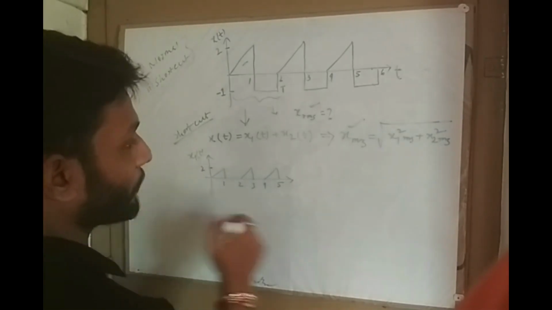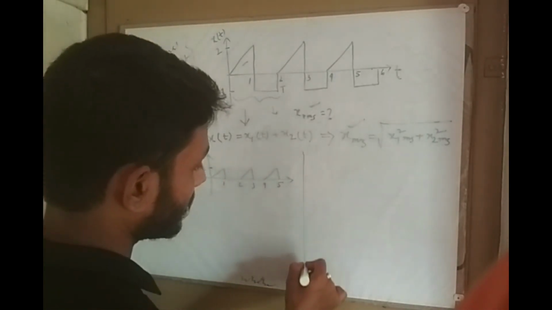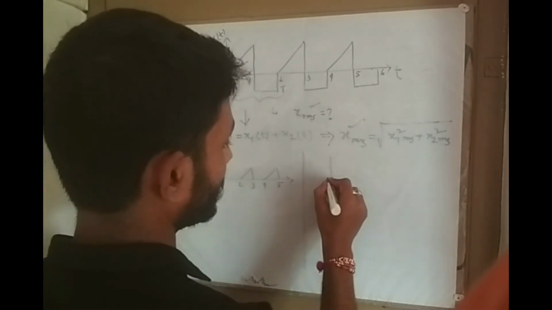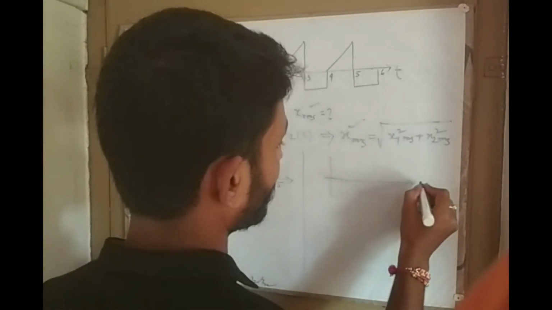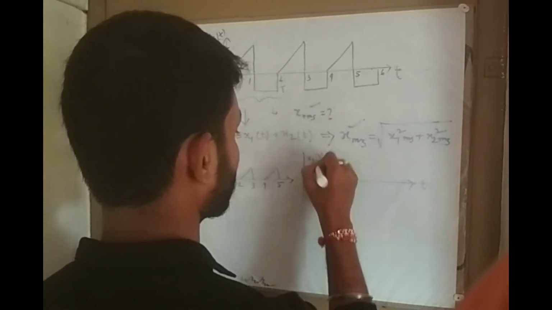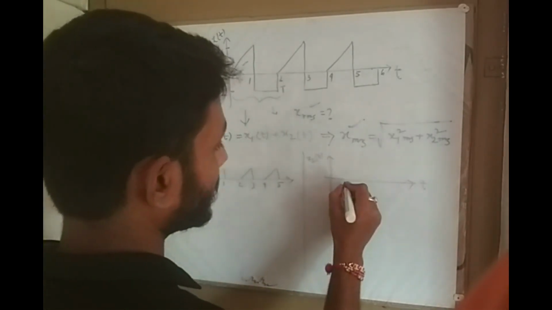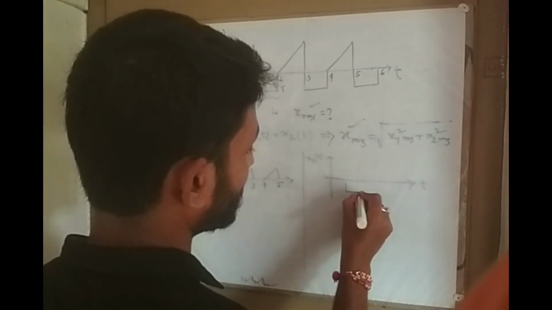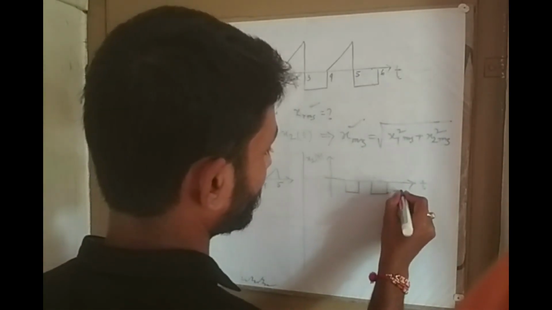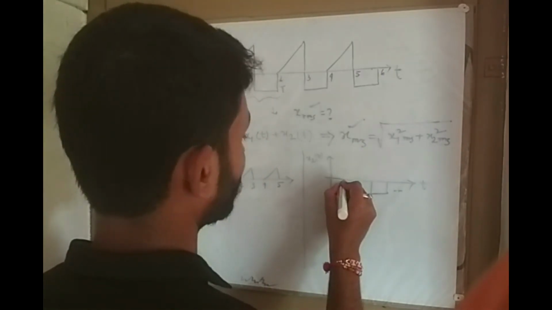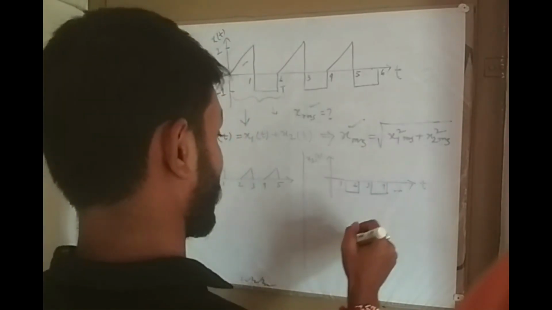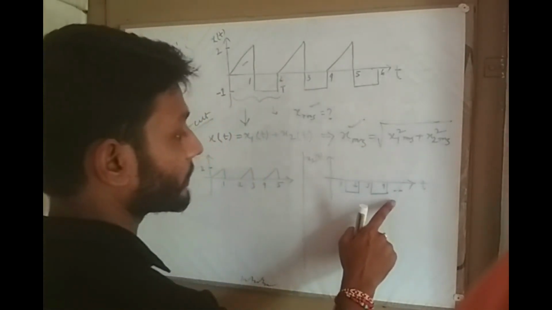The maximum value here is 2, and x2 of t is the lower part only, in this way.